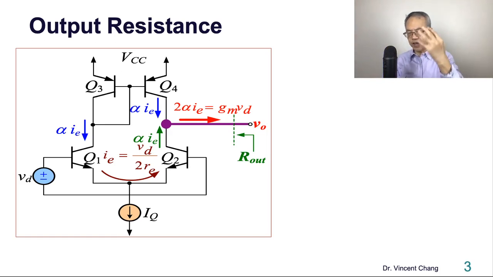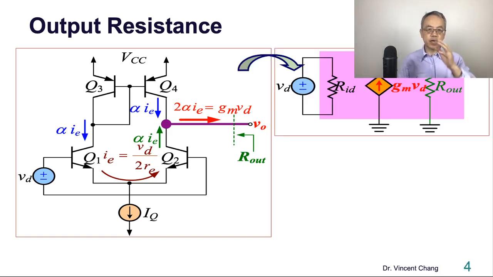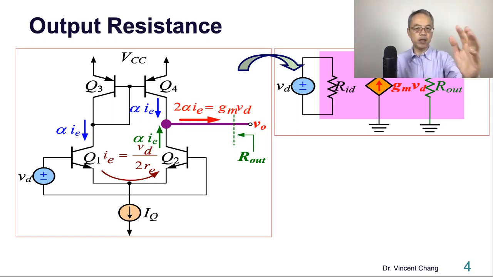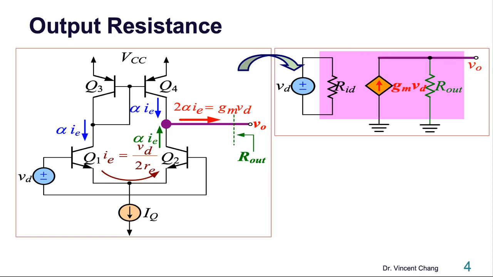Then we use the Norton equivalent to consolidate the whole circuit into 2 very simple components. Number 1 is the voltage controlled current source, GM VD. And number 2 is the output resistance.